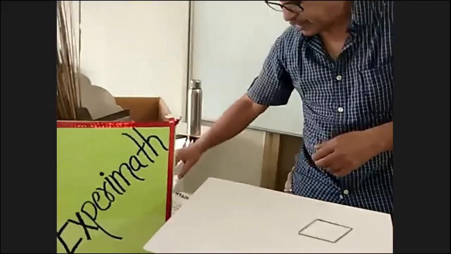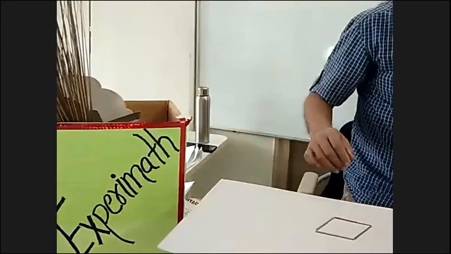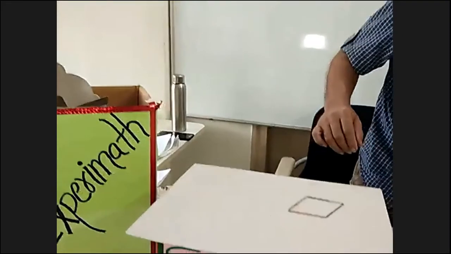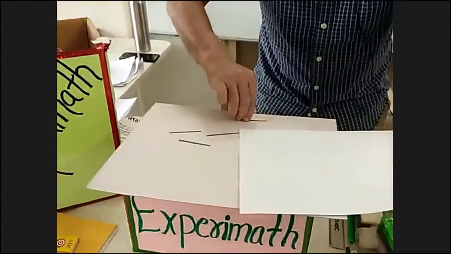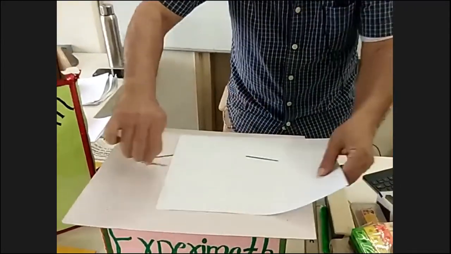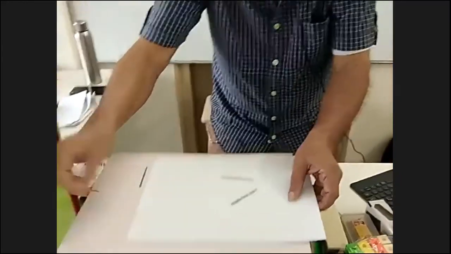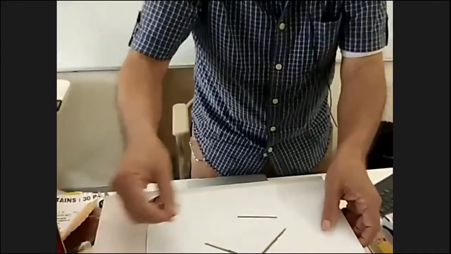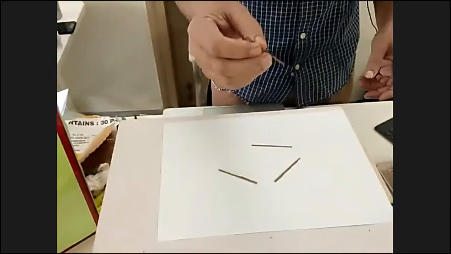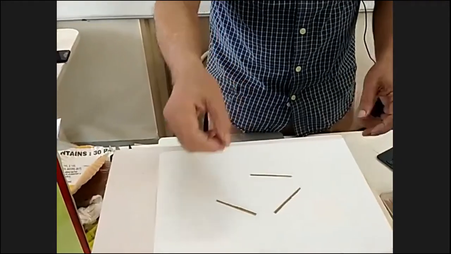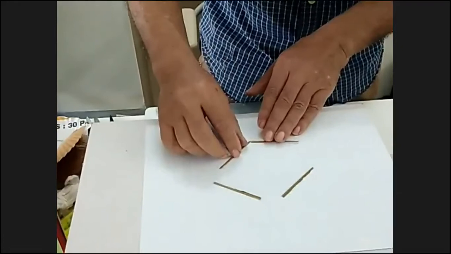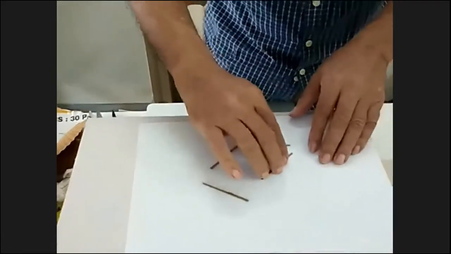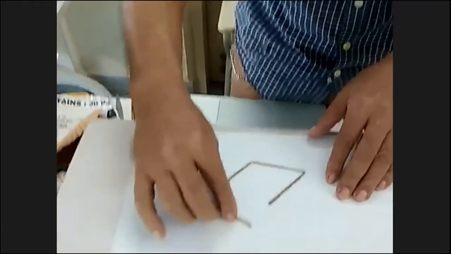Again, I'll keep a piece of paper. And all these sticks are of the same length. So when I put them together, I will get a rhombus.